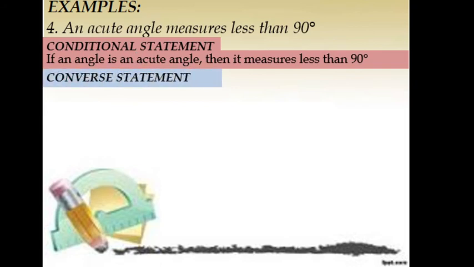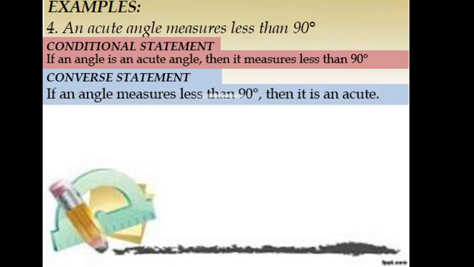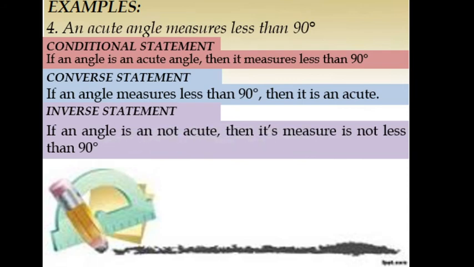Next, for the converse statement, we have, if an angle measures less than 90 degrees, then it is an acute angle. So, kapag daw yung measure ng angle is less than 90 degrees, siya ay acute. And the inverse, maglalagay lang ulit tayo ng words na not. Okay. So, if an angle is not an acute angle, then its measure is not less than 90 degrees.